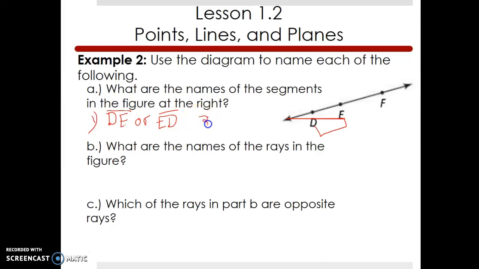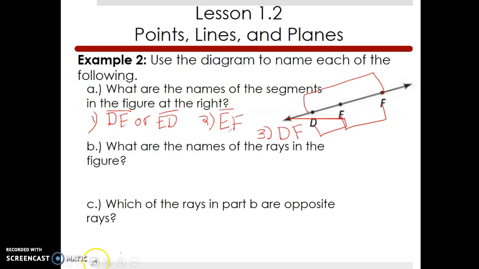Then you have EF. And you also have DF, the longer one. So again, for number 2, you could have said FE as well. For number 3, you could have said FD as well.